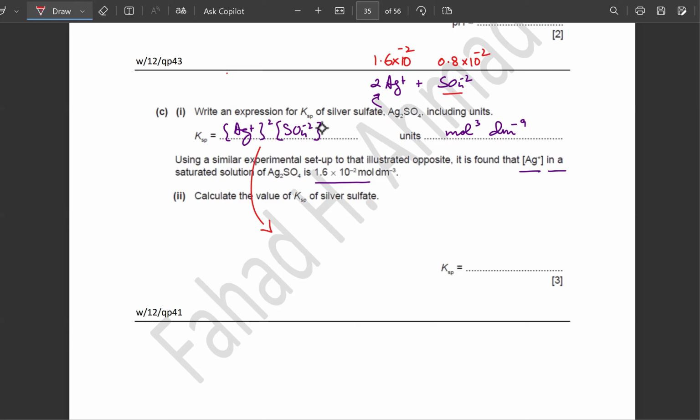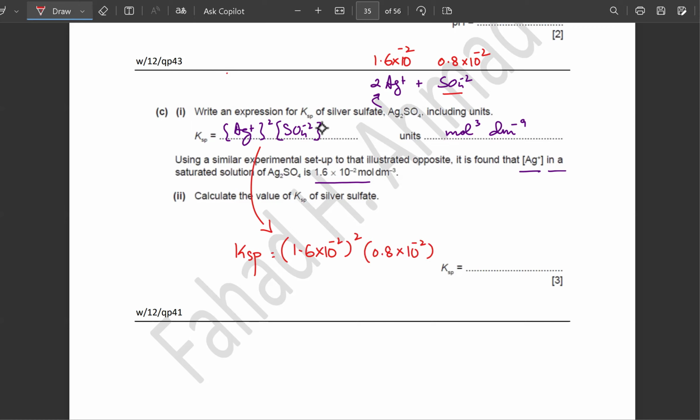I'm going to plug these values into the expression. So it's 1.6 times 10 to the power minus 2, the silver ion concentration squared, into the sulfate ion concentration, which is 0.8 times 10 to the power minus 2.